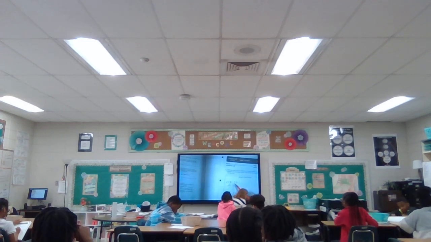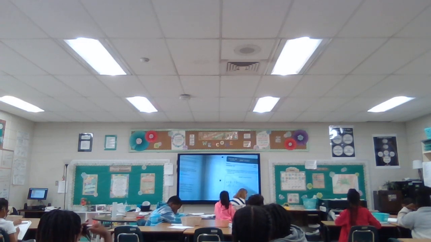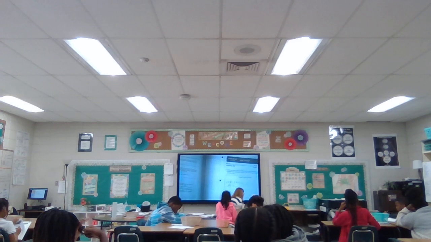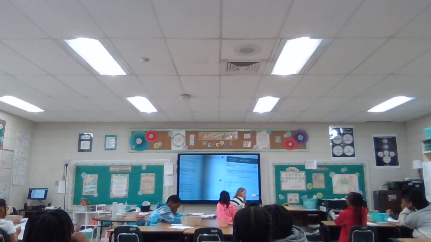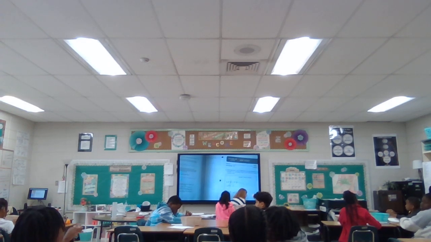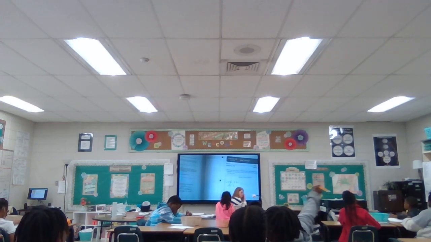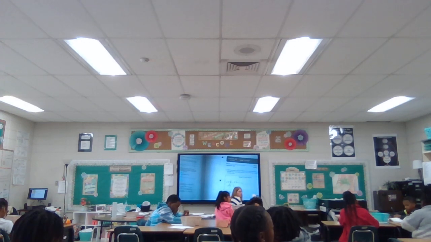Okay, and 2 and 1/4 is divided into 4 pieces. Is 2 and 1/4 closer to being rounded to 2 or to 3, do you think? 2, because, well, you said 3? Oh, sorry, 2 and 1/4. Do y'all agree or disagree?